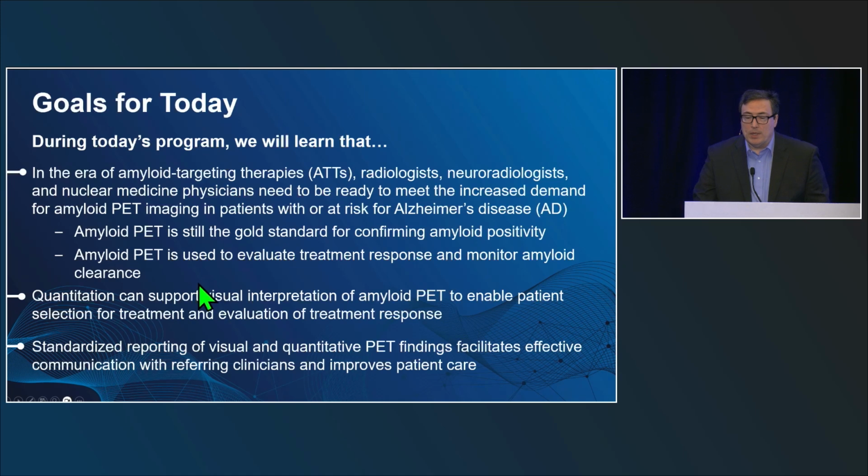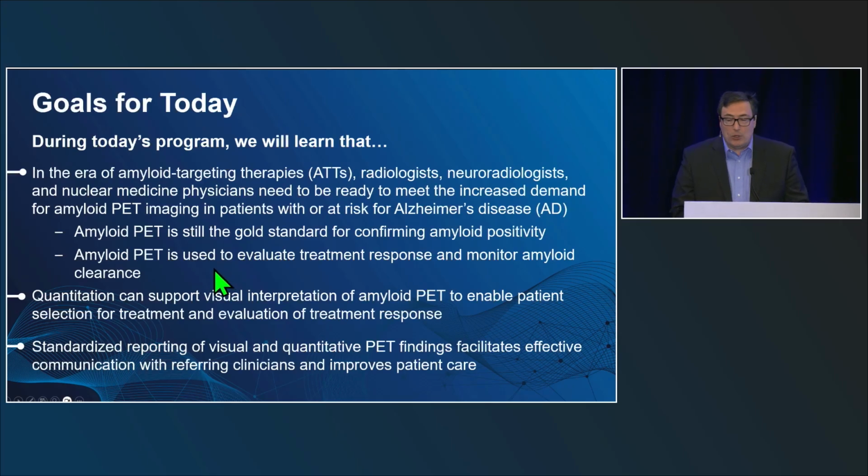So goals, we're going to be talking about how amyloid is being used in the age of amyloid targeted therapies. Imaging physicians need to be ready to meet this demand. Probably some of you in your practices already have seen it in patients with or at risk for Alzheimer's disease. As we'll discuss, amyloid PET is currently the gold standard for confirming amyloid positivity in the clinic.